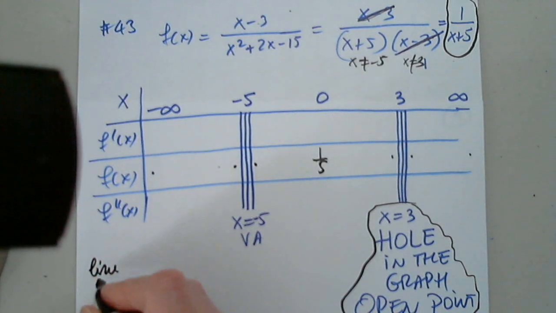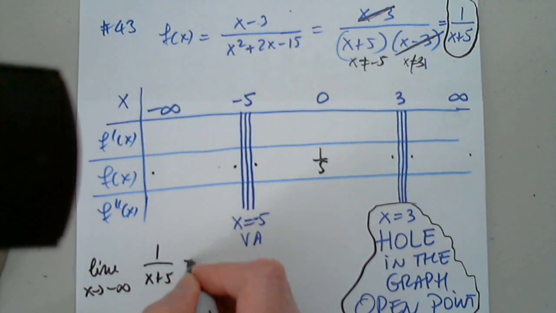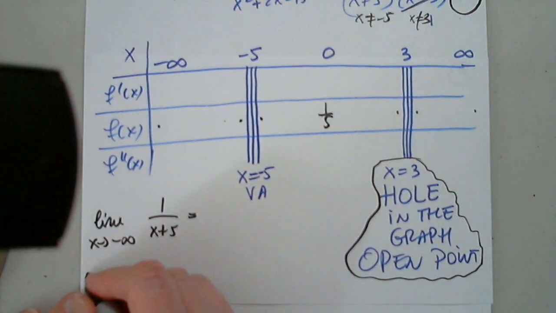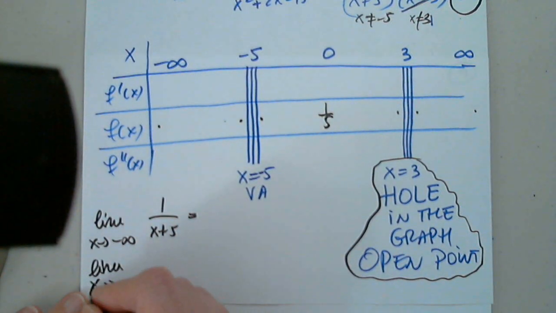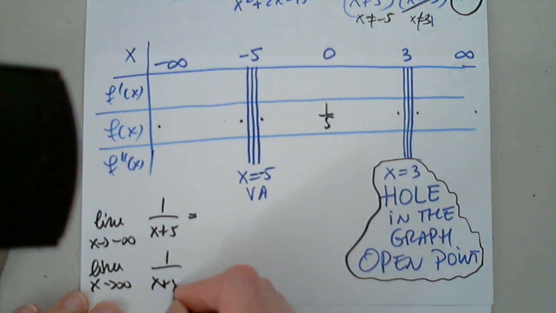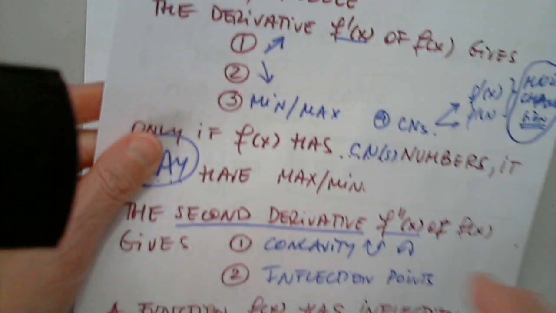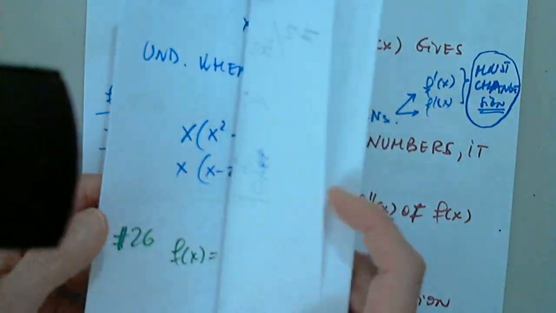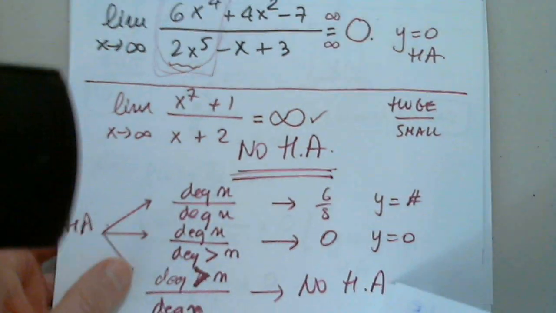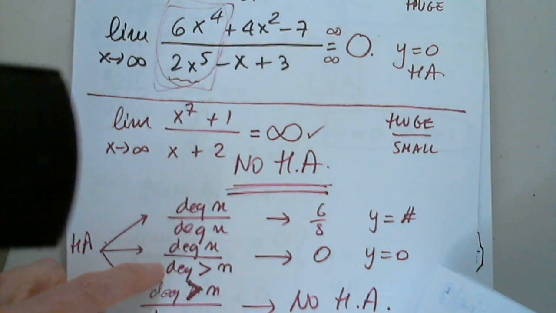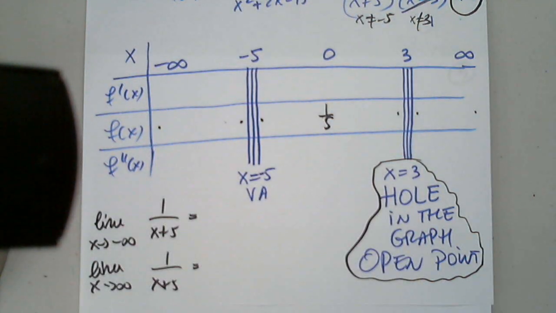So limit as x approaches negative infinity of 1 over x plus 5, and then limit as x approaches infinity of 1 over x plus 5. And remember, we have this category here that we wrote together, in case you forget. So what is the answer?